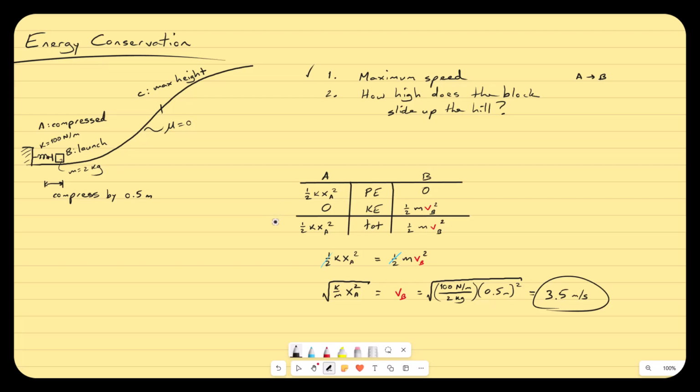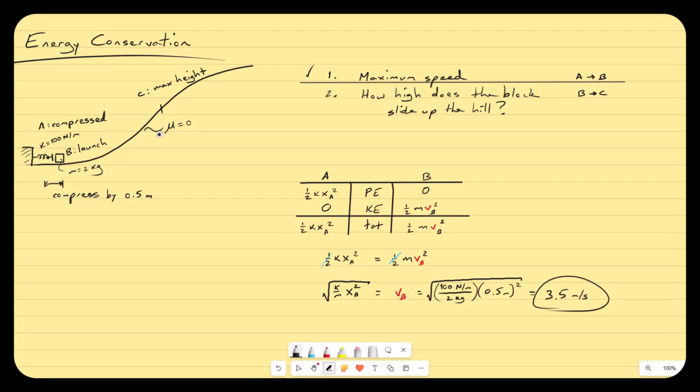The second part: how high does this block slide up the hill? I can do this a couple different ways. I can look from B to C, so I'll draw a line here just to keep the problem separate, going from the launch to a maximum height, and my energy is conserved, and that works.